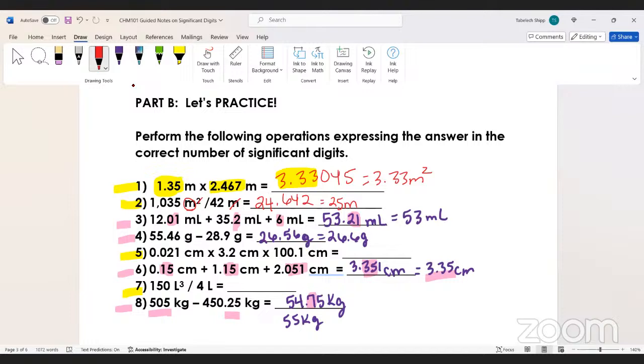All right. Number 5. Before I plug this into the calculator, you guys tell me, how many significant digits should I have in my final answer? So I'm going to go ahead and plug this up, but you guys tell me, how many sig figs should I have in my final answer for number 5?